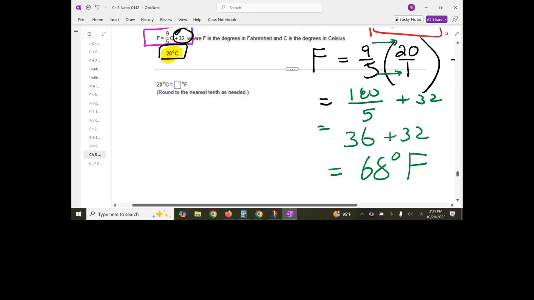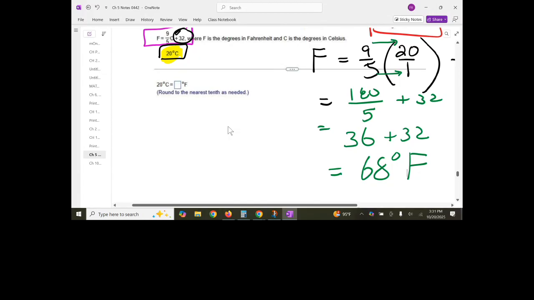And that's in degrees Fahrenheit. So when somebody says, hey, what's colder, 20 degrees Celsius or 68 degrees Fahrenheit, you say they're exactly the same, except one is measured in one unit and one is measured in another. Okay. But they mean the same thing.